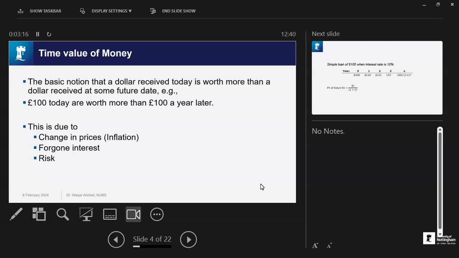Present value is the price today, right? The price of any instrument, any asset. So what is the price today? You can write P naught or present value. So how do we determine that? How can we determine the price of any asset?